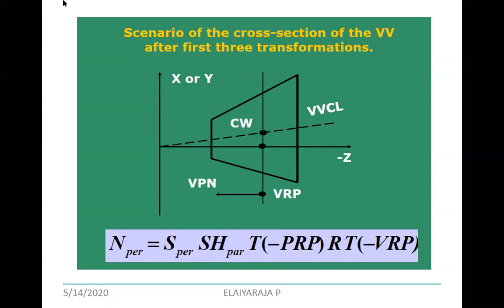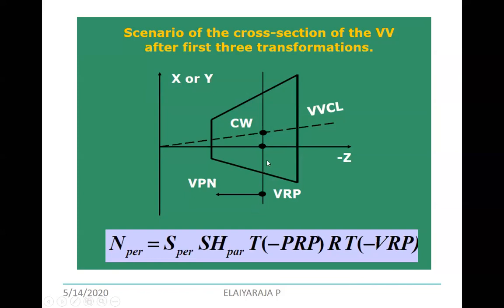So the scenario of the cross section of the viewing volume after the first three transformations: first the view reference point to the origin, then the translation, then the shear. Those are the first three transformations, right?